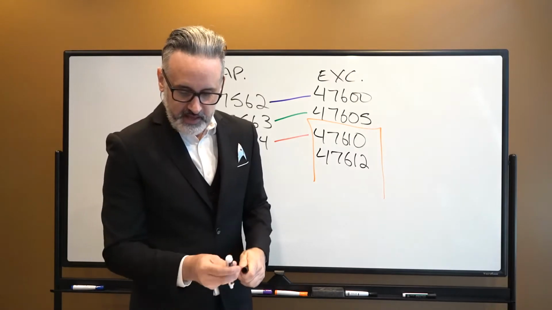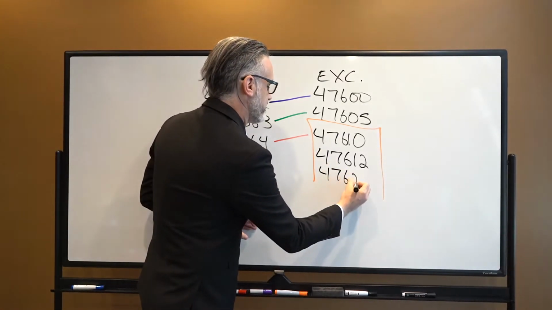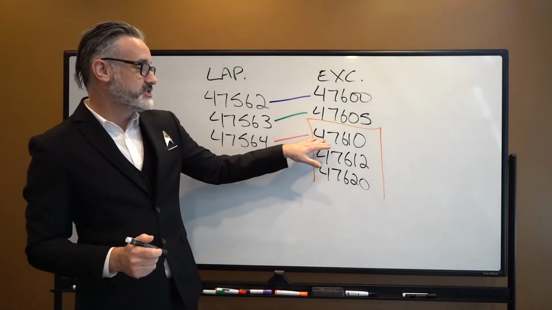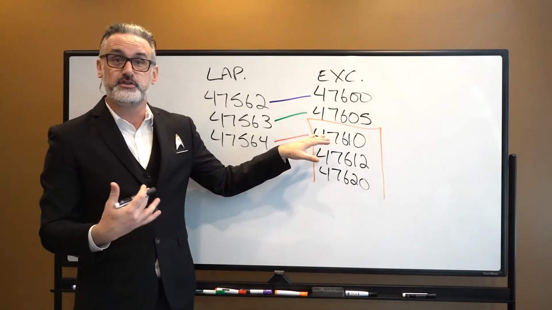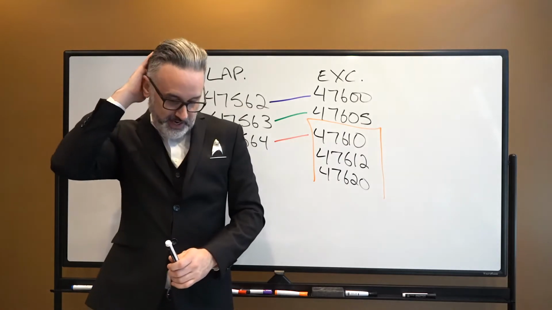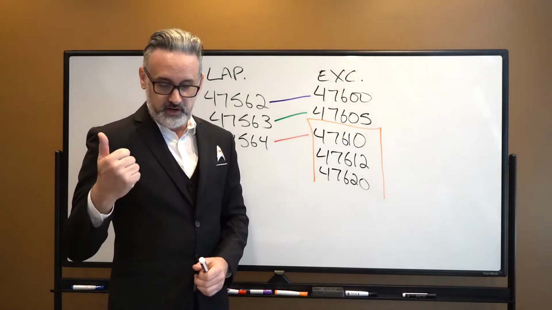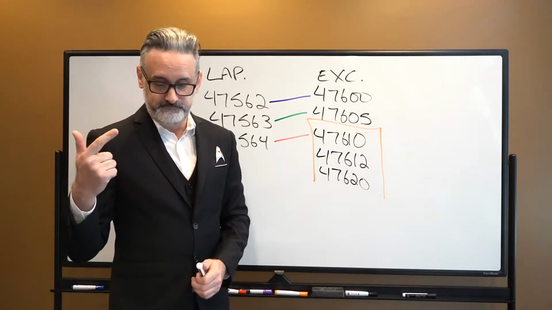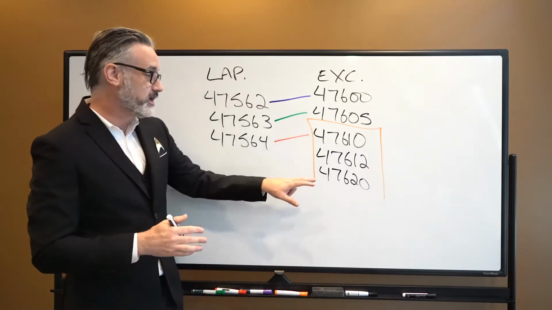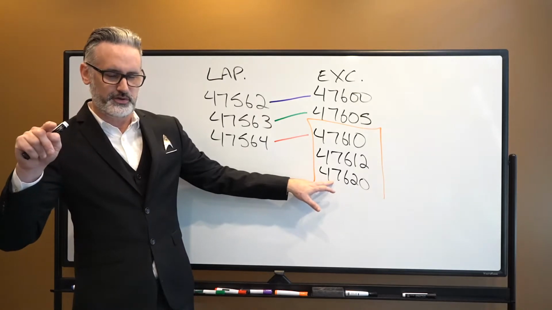Or we have the 47620, the last code in that group. So we're still doing the excision of the gallbladder, and we're still exploring the common duct, but we're also doing a transduodenal sphincterotomy or sphincteroplasty with or without cholangiography. So with this one, we're either doing one thing or two things or three things.